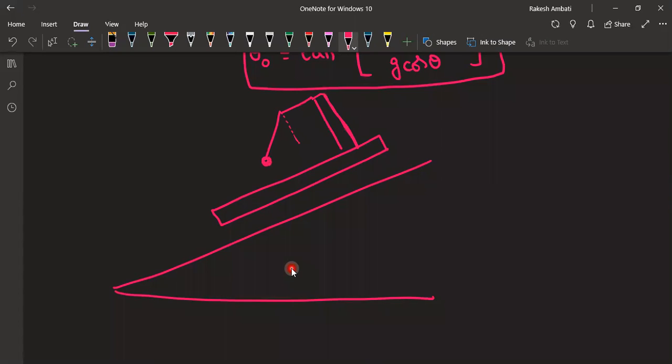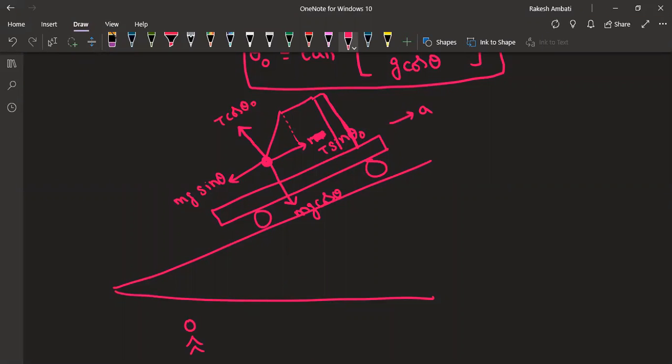So we have this component mg sin theta, this component mg cos theta, this component T cos theta naught, and this component T sin theta naught. So I'm taking the observer, and in the question, this trolley is moving up the inclined plane.